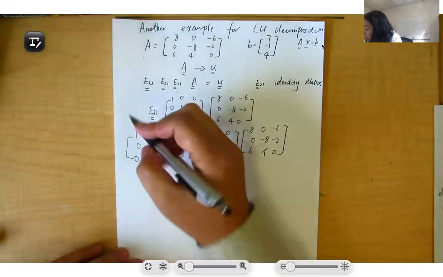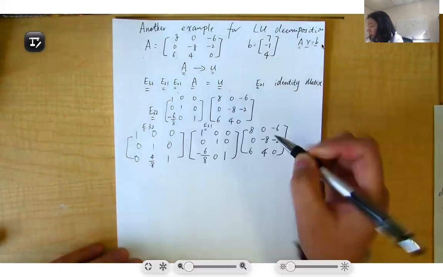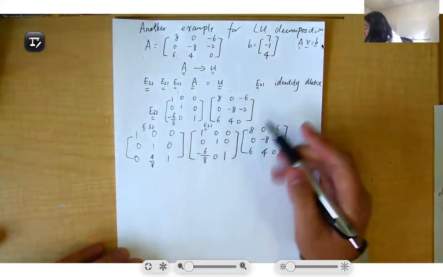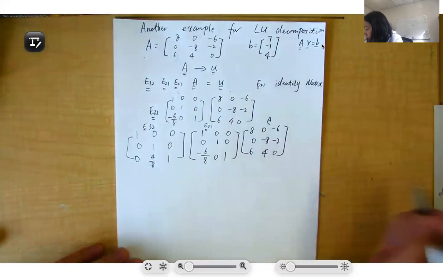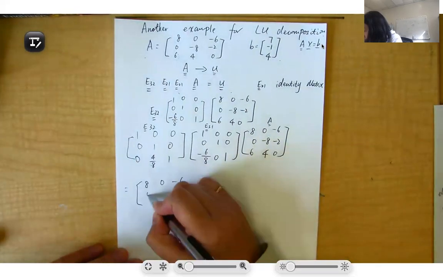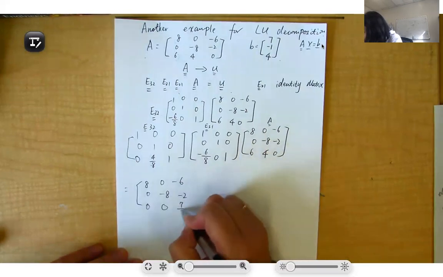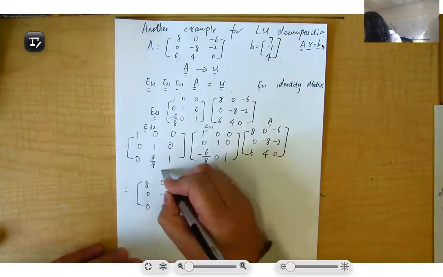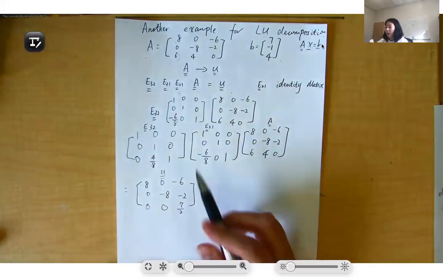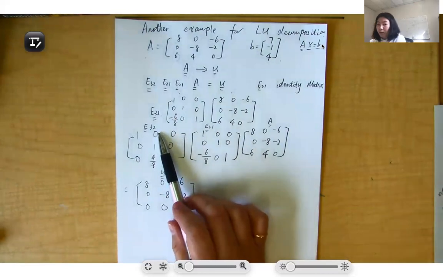After you apply E32 and E31, where E21 is the identity matrix, your upper triangular matrix becomes 8, 0, -6, 0, -8, 4, 0, 0, 7. So this is your U matrix after you apply E31 and E32, the elementary row matrices.